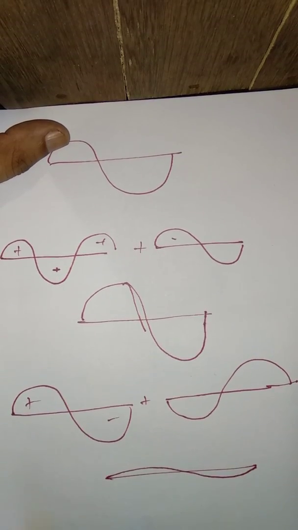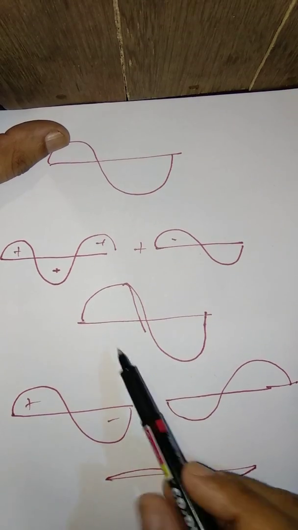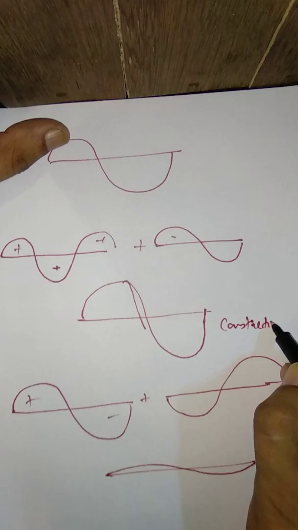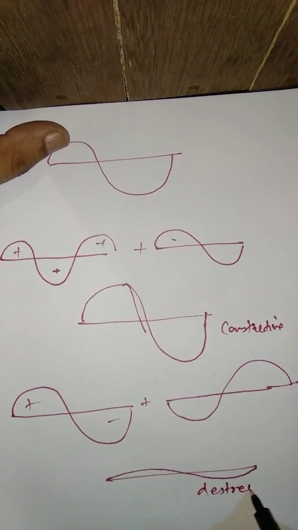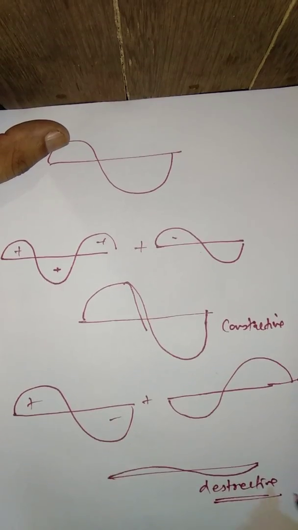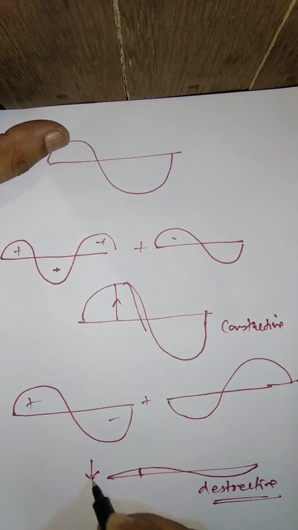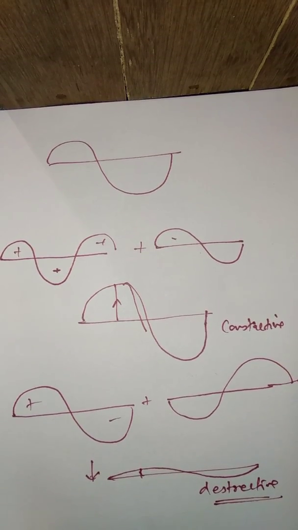If the waves are in the same phase, they form constructive interference, and if they are in opposite phase, then this is destructive. The amplitude is going up here and the amplitude is going down here. That is the first thing, how the interference actually occurs. This is from physics.